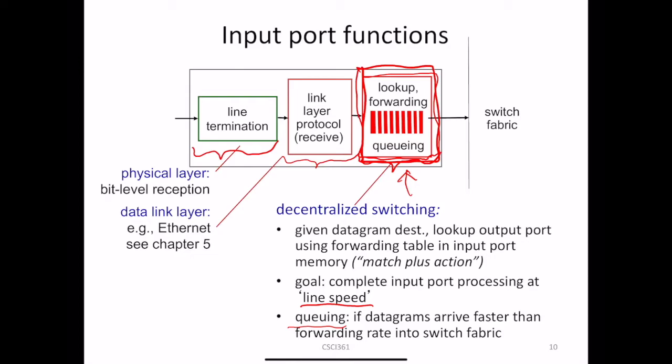If packets arrive faster than the switch fabric speed, more packets will accumulate in this box's buffer. That's the queuing: if datagrams arrive faster than the forwarding rate into the switch fabric, they are temporarily stored in this buffer.